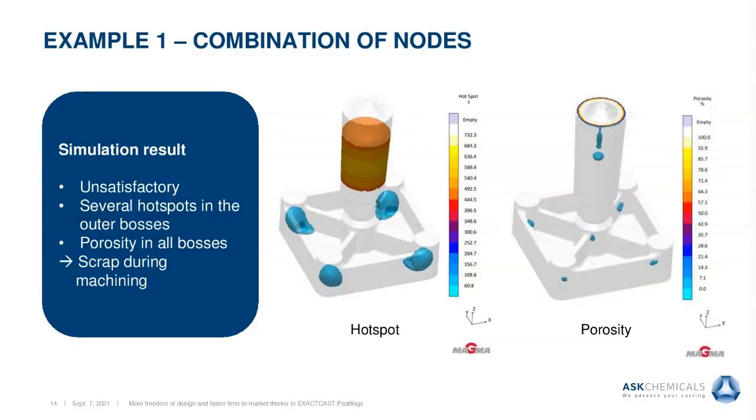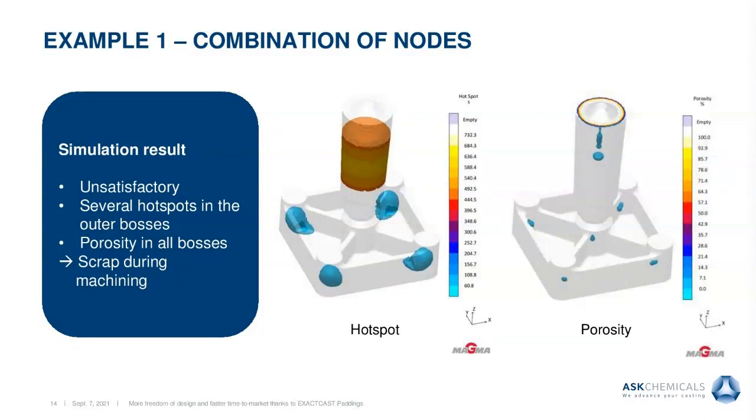The problem in many cases is that in these bosses you have threads or holes or something like that. So during machining, you will open these porosities, and mostly this will be seen as scrap, and this is every time an issue. So we don't want to have that.